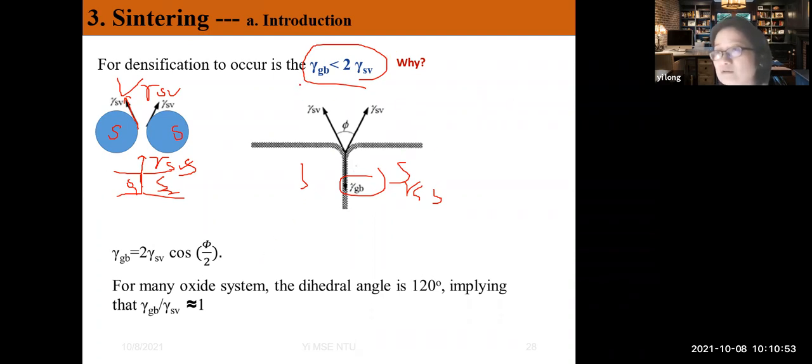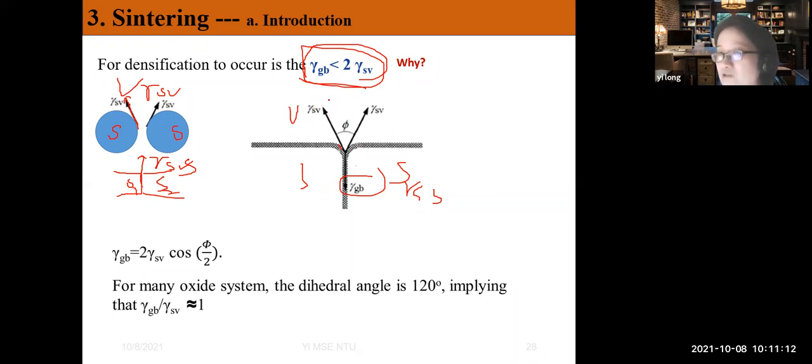Okay, so why does densification happen? This one has to fulfill this whole condition. The basic concept is you need to have a mechanical equilibrium, because at this interface, the outside is vapor, so you still have a little bit of gamma SV.